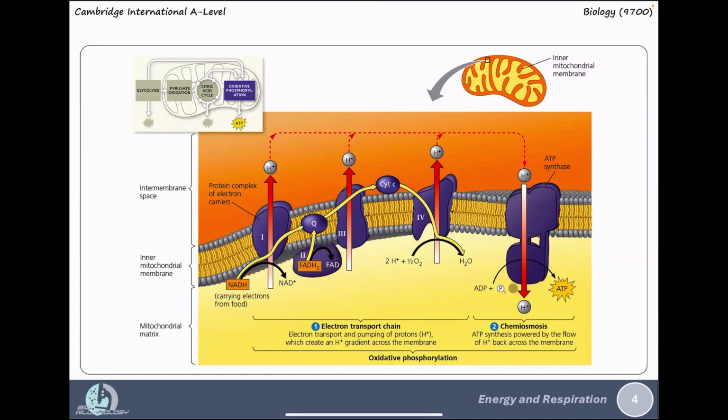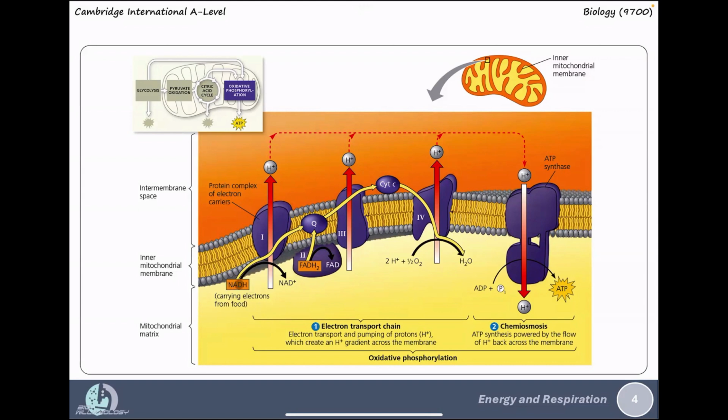So how does oxidative phosphorylation occur? First of all, we take note of this reduced NAD. Reduced NAD releases hydrogen atoms, and each hydrogen atom splits into a proton and an electron, and this electron has a high energy level.